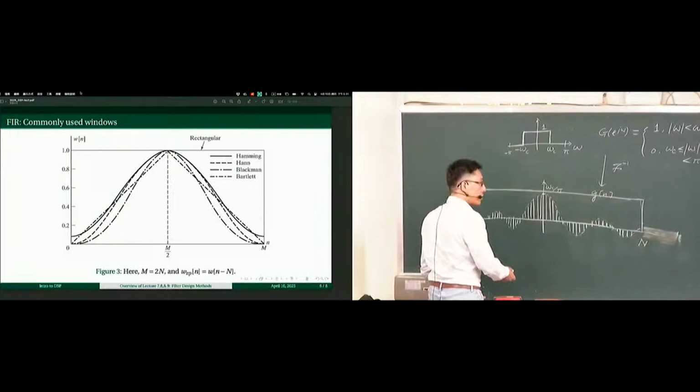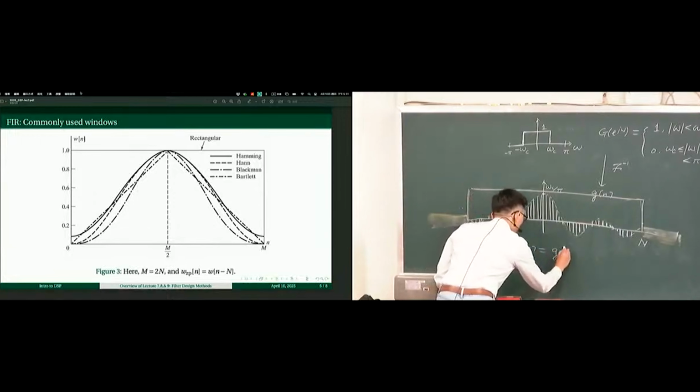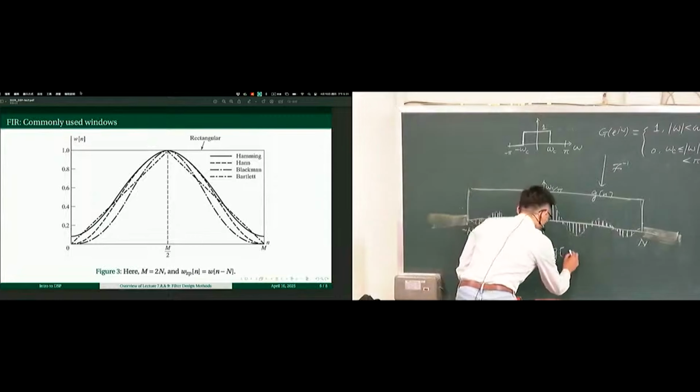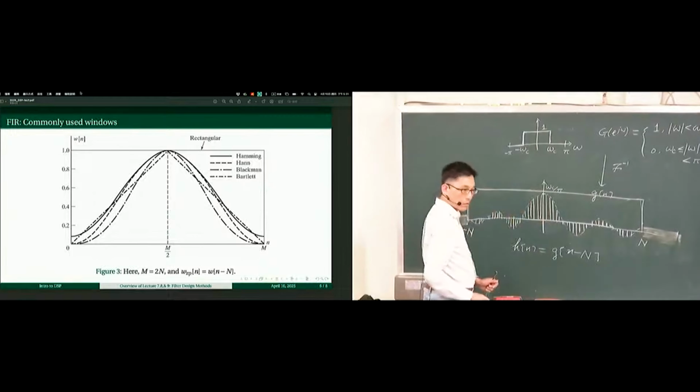Your final design might be something like, let's make h equal to g of n shifted to the right, n minus N. Then we say this is your design.